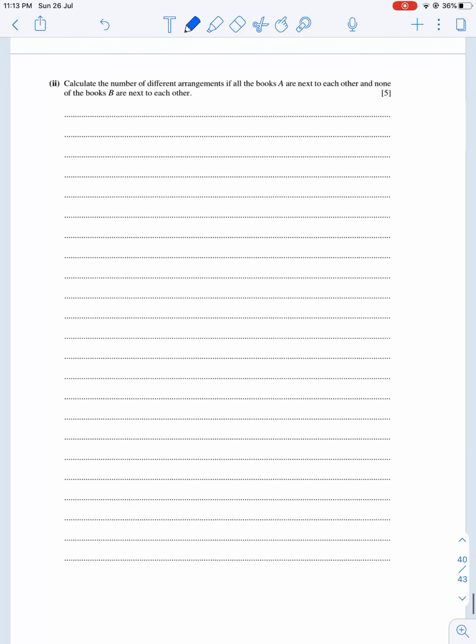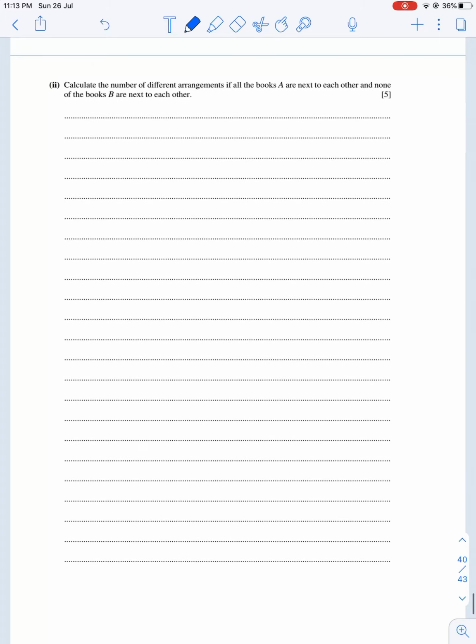Calculate the number of different arrangements if all the books A are next to each other and none of the books B are next to each other. Once again, we're going to put 11 dashes. You want all the books A to be next to each other.